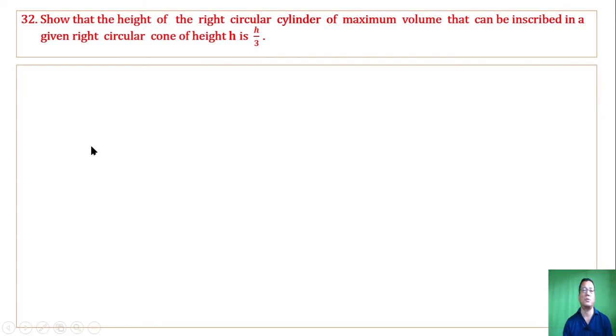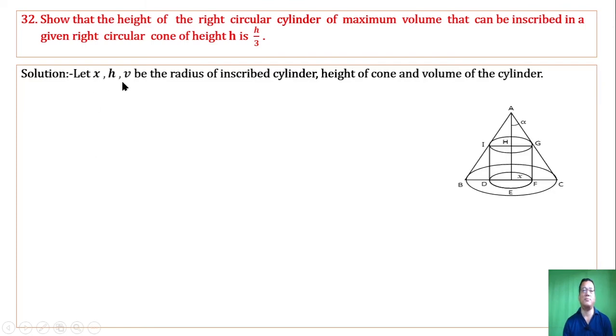Proof: Let x, h and V be the radius of the inscribed cylinder, height of the cone and volume of the cylinder. Then the volume of the cylinder is pi x square into its height, h minus a, where a is, by applying trigonometry in the right triangle, a equal to x cot alpha.